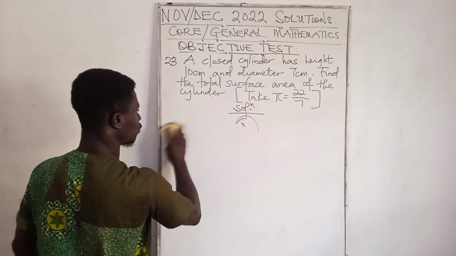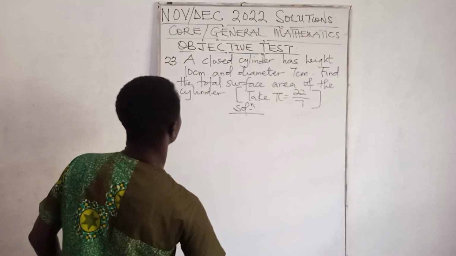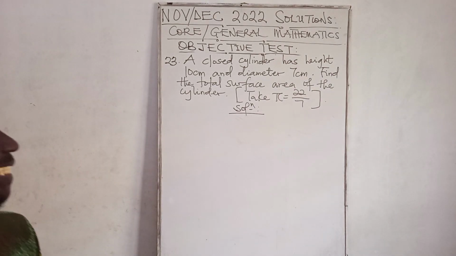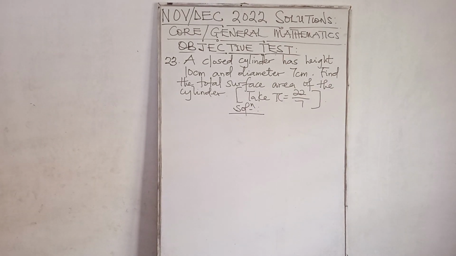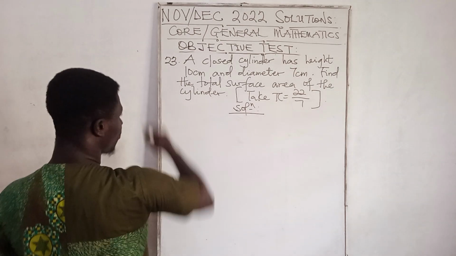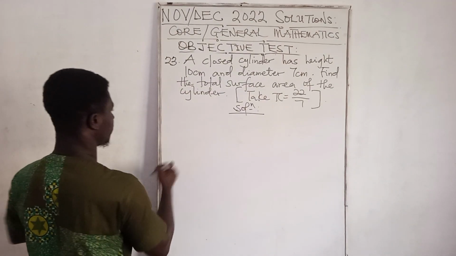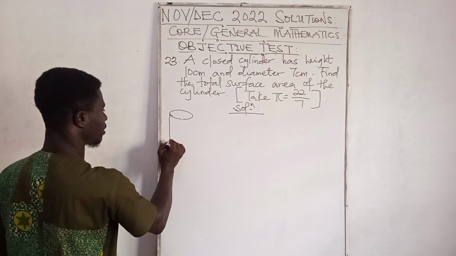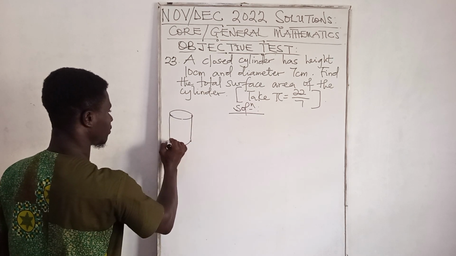Option D for dog. So now let's see question 23. A closed cylinder, which means top and bottom are closed.